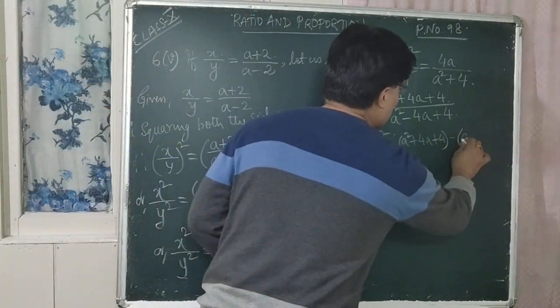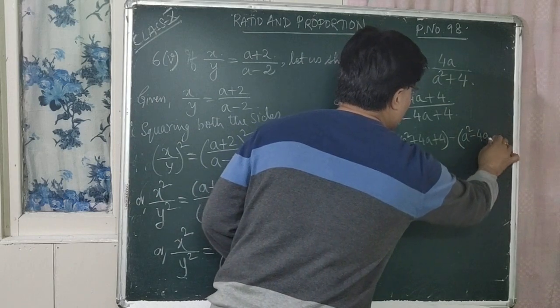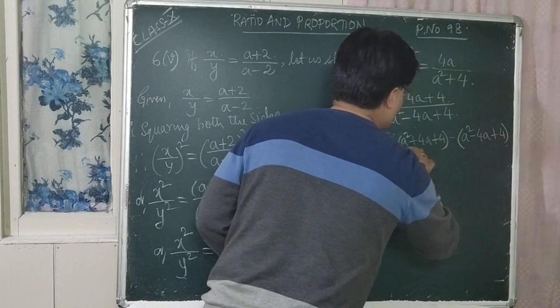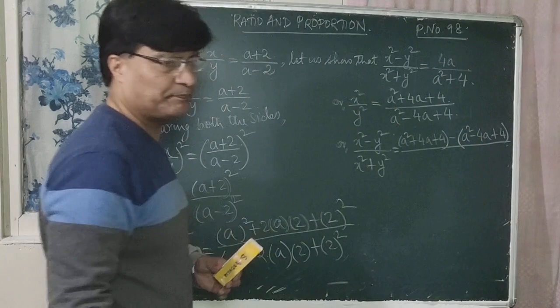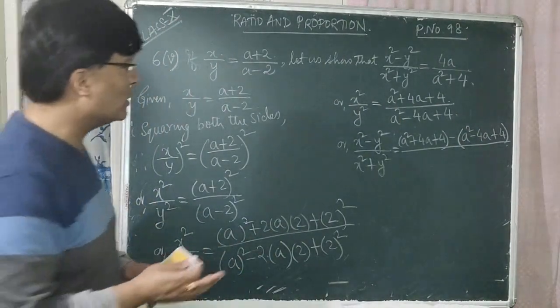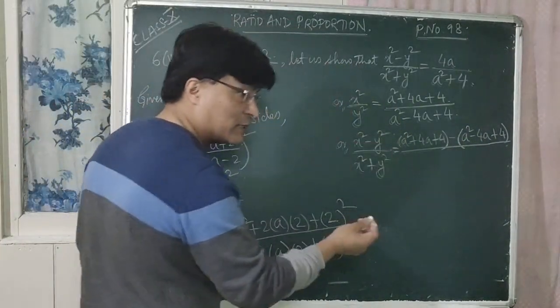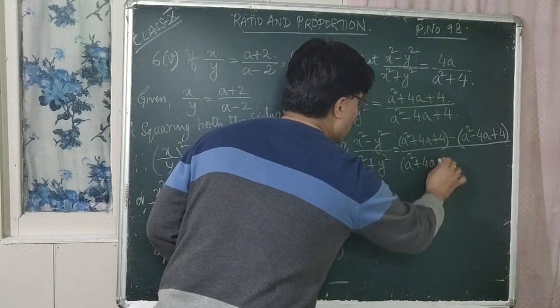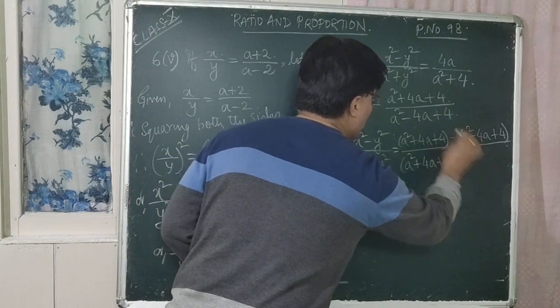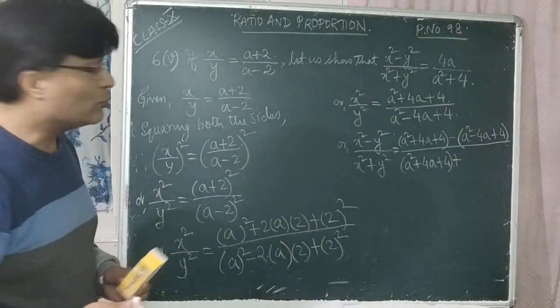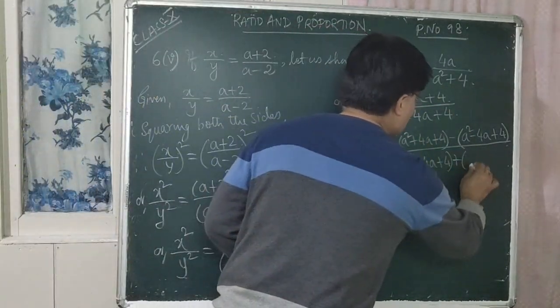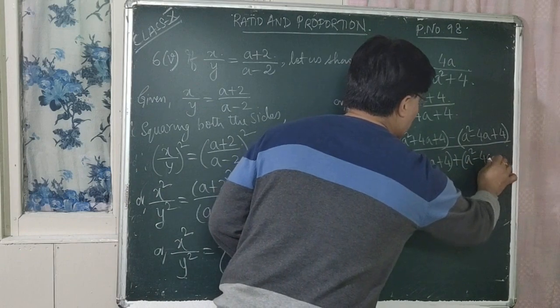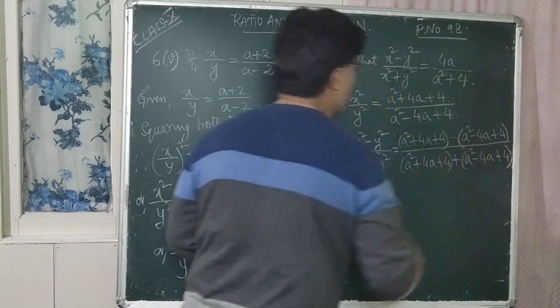It is a square minus 4a plus 4. This whole divided by, in the denominator, what will you write? Numerator plus denominator. What is the numerator here? A square plus 4a plus 4 plus. Then what is the denominator in this case? It is a square minus 4a plus 4.